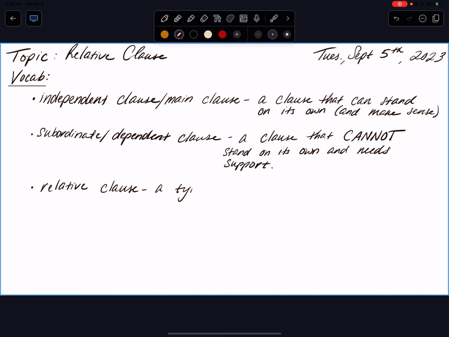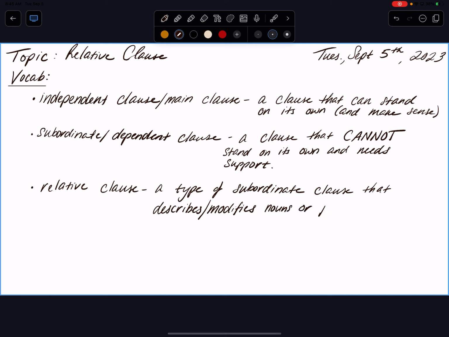It's a type of subordinate clause that describes or modifies nouns or pronouns in the main clause.